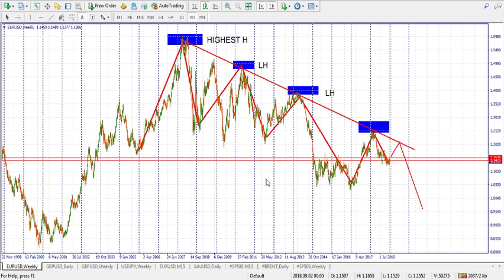What this setup means is that the price is likely to move even further to the lower side. If you're on this chart at the moment, the best you should be doing is to wait for a sell from somewhere here.